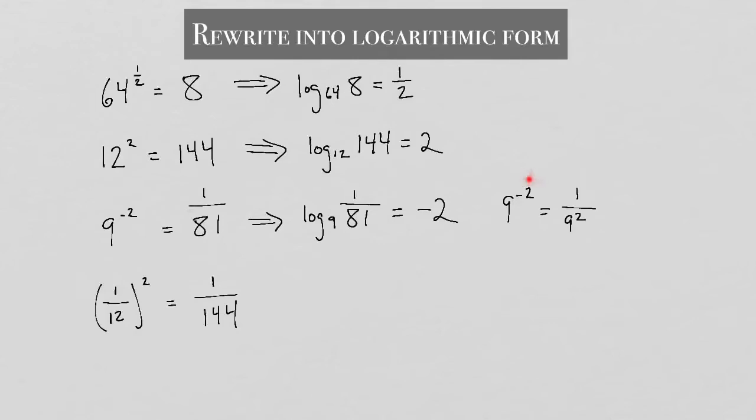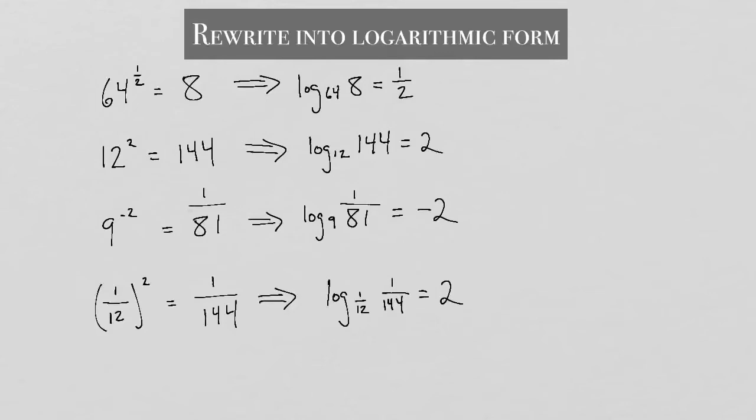Remember, you take this negative exponent and put it in the denominator. This is your reciprocal. Negative exponent is a reciprocal. Okay, this next one here we have log base 1/12 of 1 over 144 equals 2.